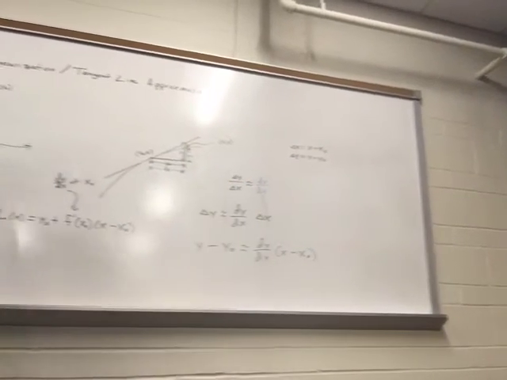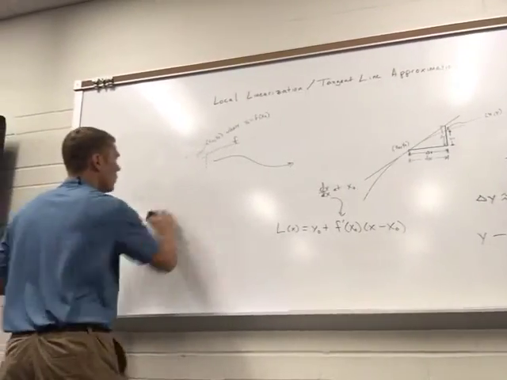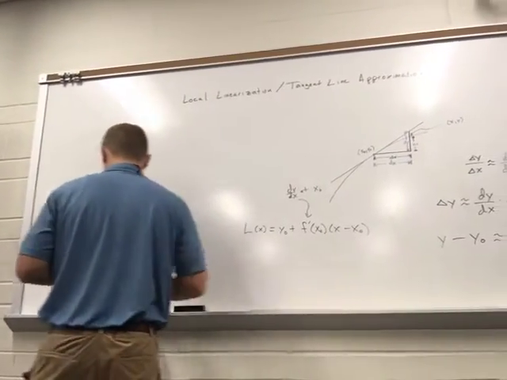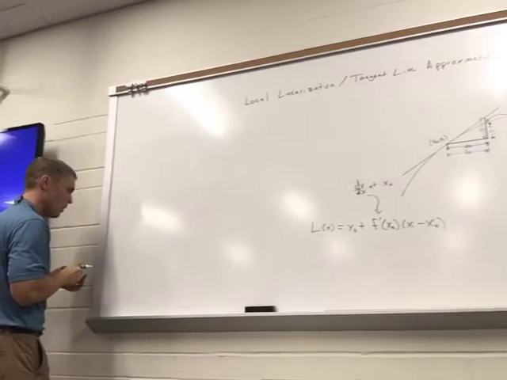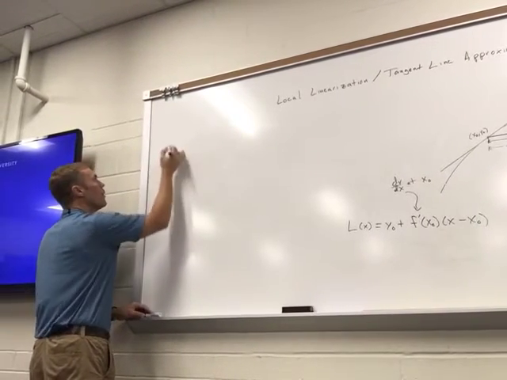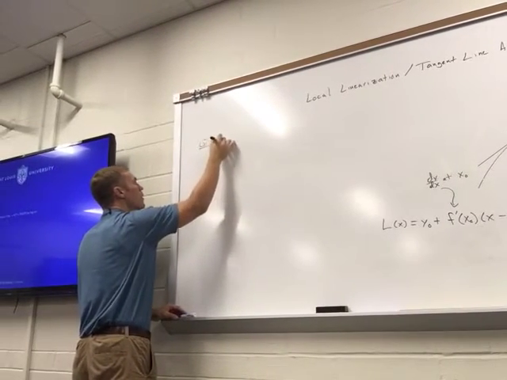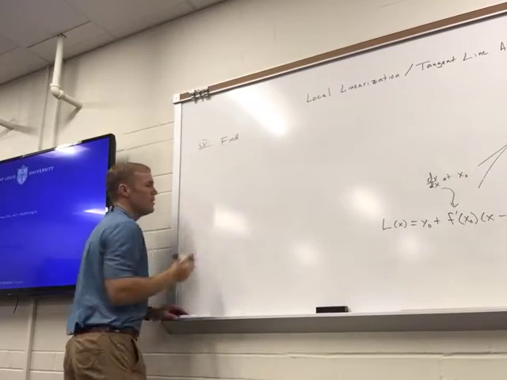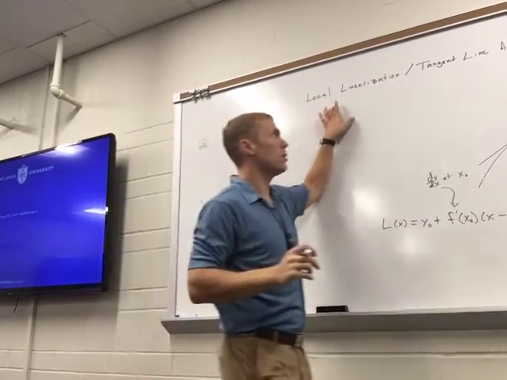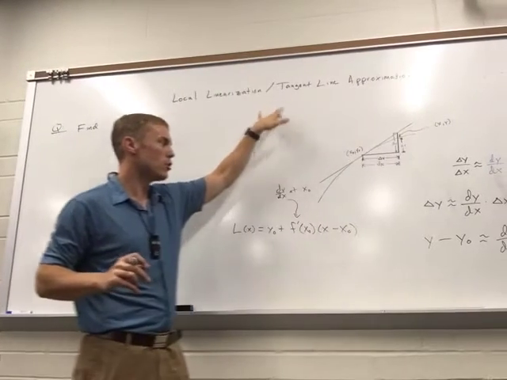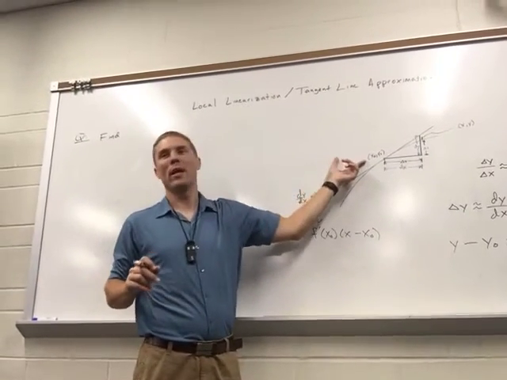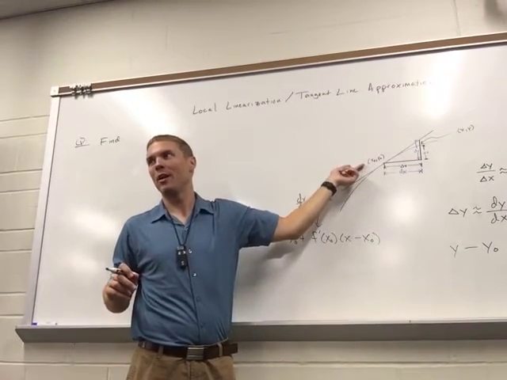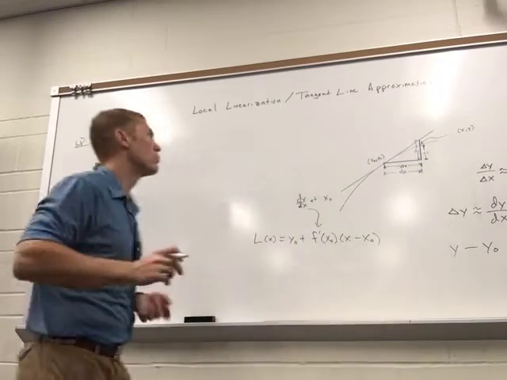So let me ask you two questions which lead into one another. Again, this is either called the local linearization or the tangent line approximation to f near the point x naught, y naught, or simply near x naught, depending on who's saying it.